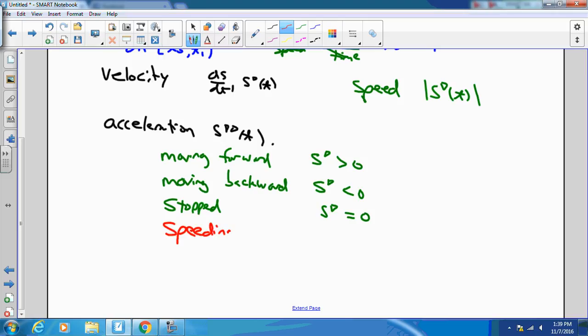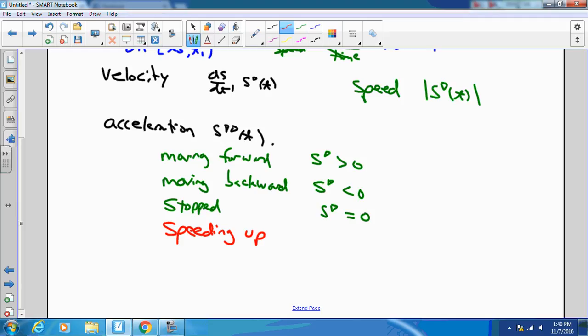Now, what does speeding up mean? Okay, literally, yes. What do I look for to tell that? No, that's misleading. The slope of the velocity is the acceleration.